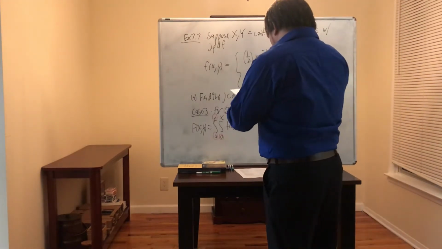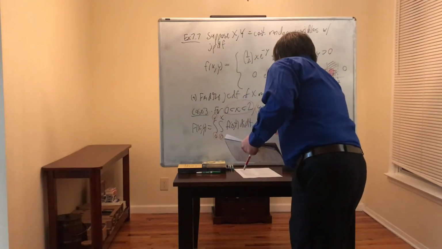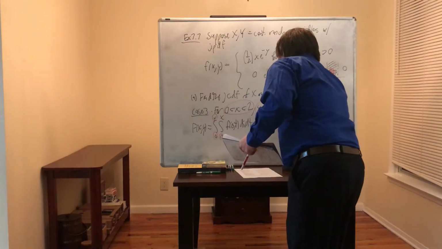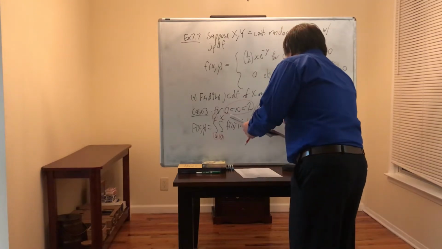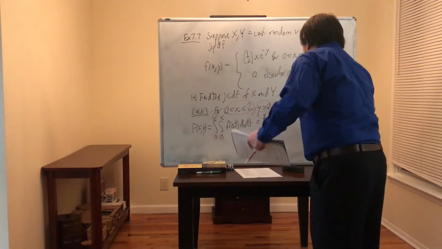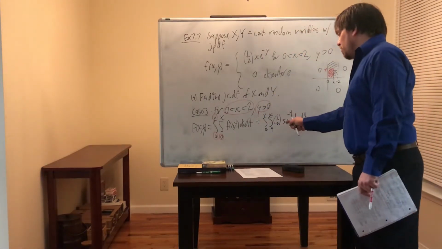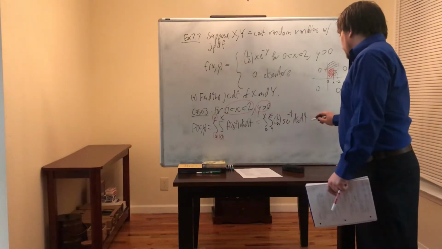And then this is equal to, now, integral from 0 to y, integral from 0 to x of that function, which is 1/2 s e to the negative t ds dt. And I'm using s and t to mean x and y respectively because they're dummy variables. We're integrating with respect to dummy variables.